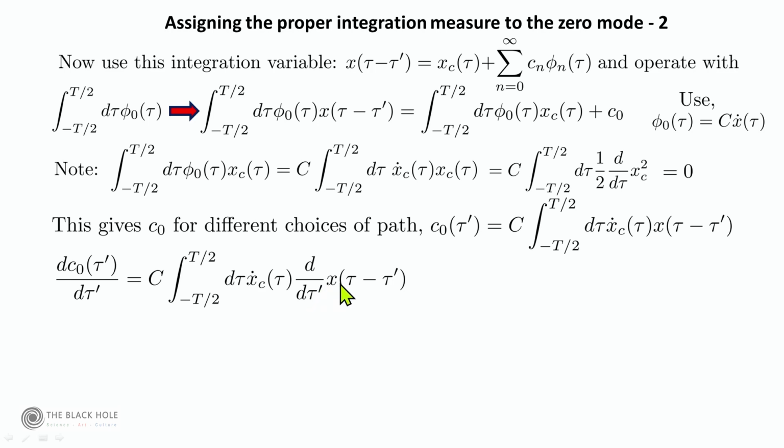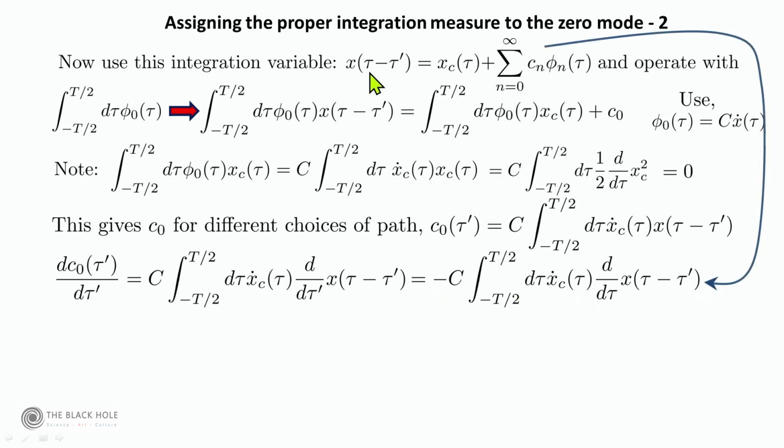But look, this depends on tau minus tau prime, which means that I can make this d by d tau prime into d by d tau with a minus sign. And that minus sign comes out over here. So I have this integral before you. And now I will look at what's over here and just stick this here.